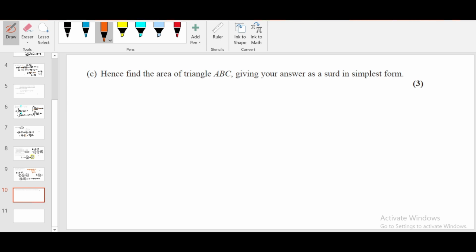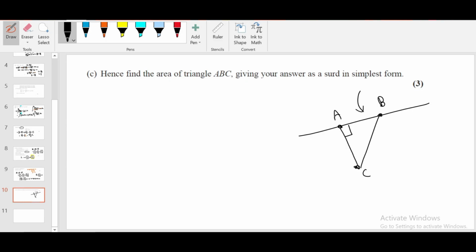Hence find the area of the triangle ABC. Okay. We have the line with 2 points A and B. There is another point C here where AC is perpendicular. Now they want us to find the area of this triangle. It's a right angle triangle. The base is AB, the height is AC. So let's find the modulus of AB vector. We have calculated AB vector here already.